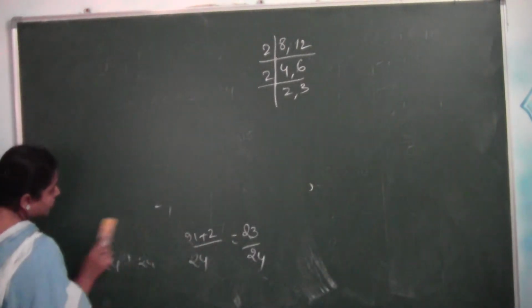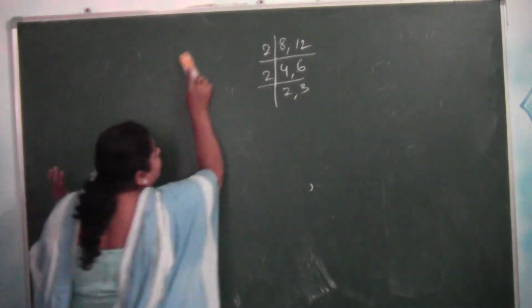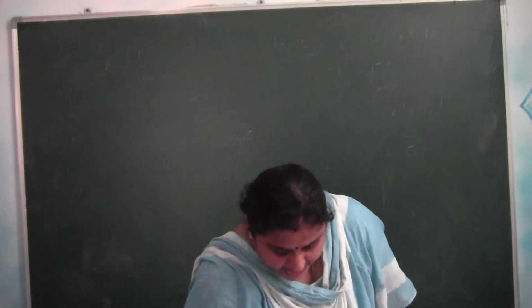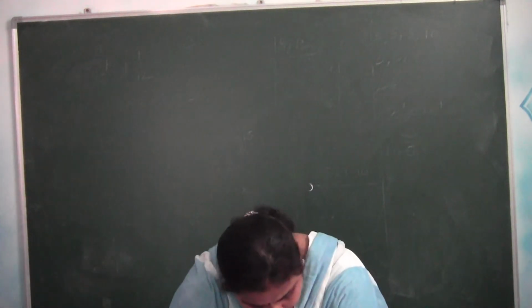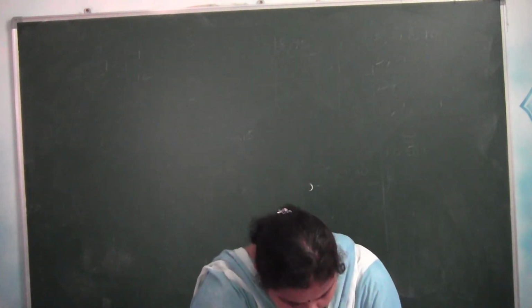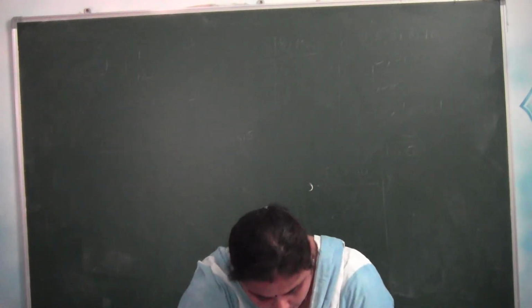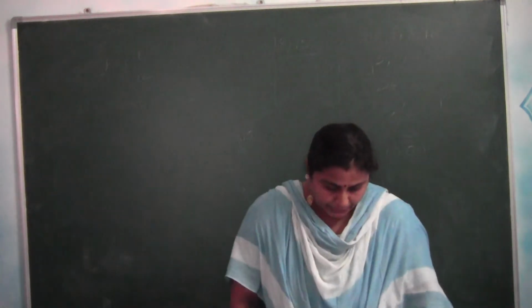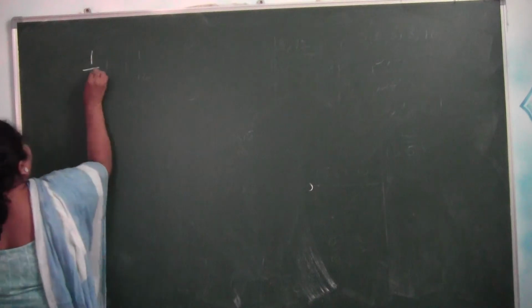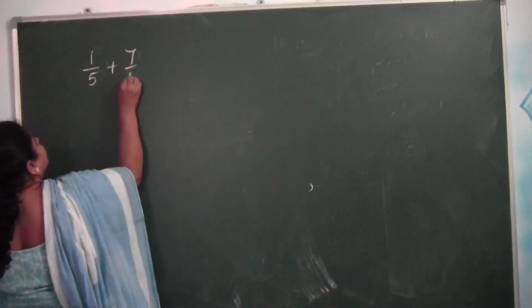Now, I will just write 3 varieties of fractions. Let me take them from your exercise itself. Now see, 1 by 5 plus 7 by 10.